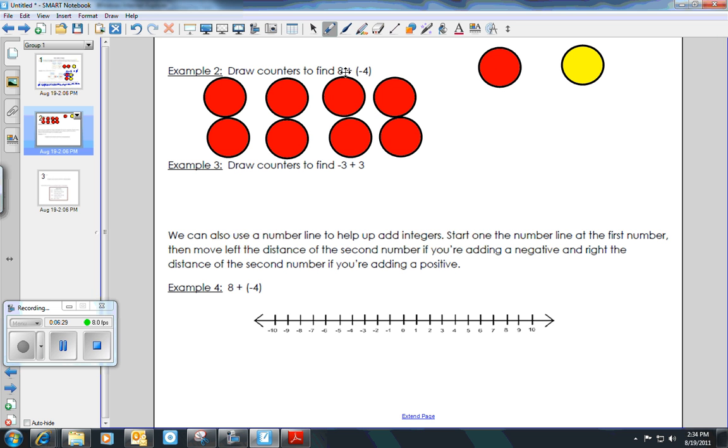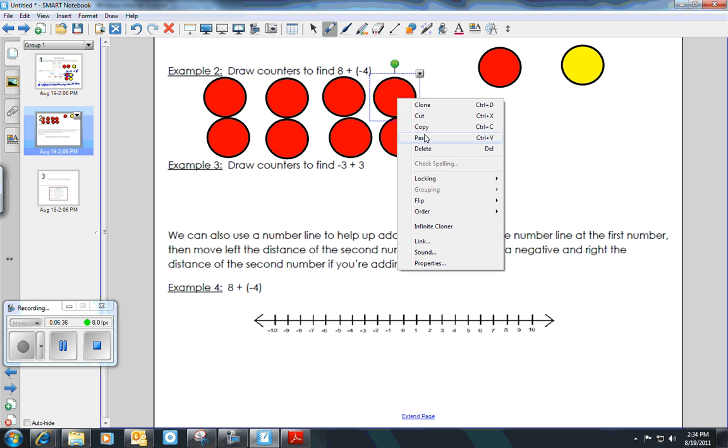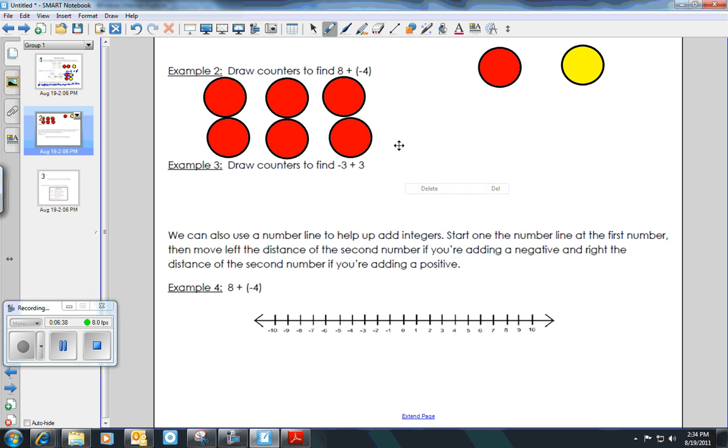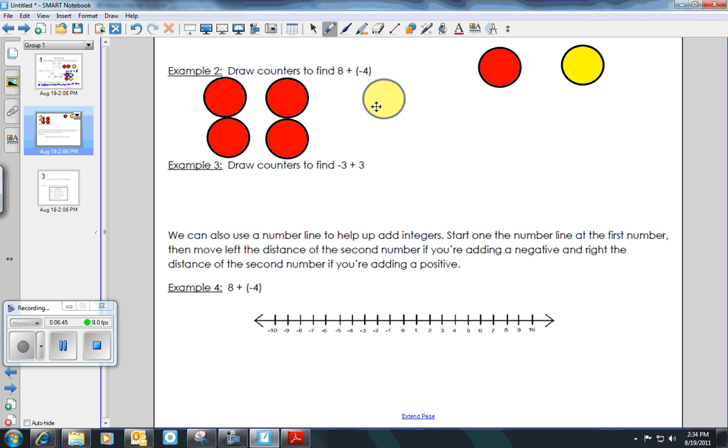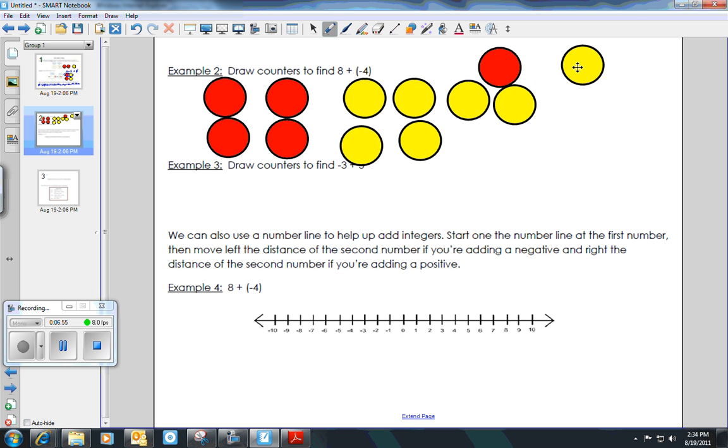And I have added to that 4 negatives. Oh, I'm sorry, look at this. 8 positives. That should be yellow. So let's delete these. All right, here's my 4 negatives. I got to have 8 positives with that. Yellow is positive. Bright, sunny yellow is positive. Okay, so I've got 8 positives now. Here's my 8 positives. Here's my 4 negatives.